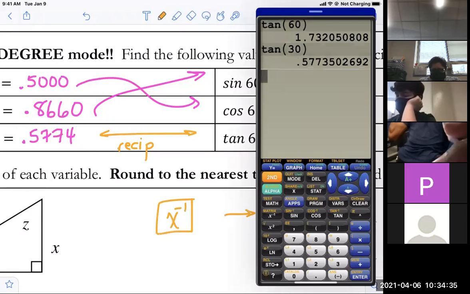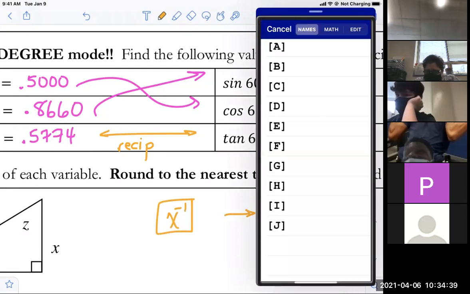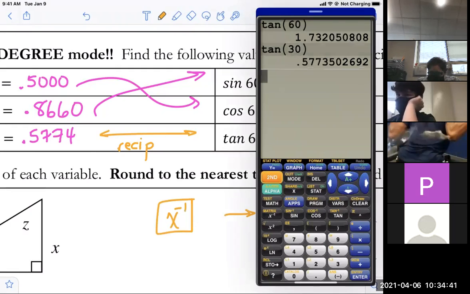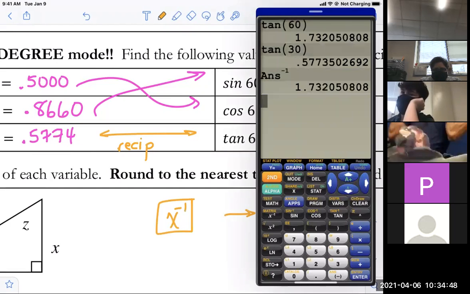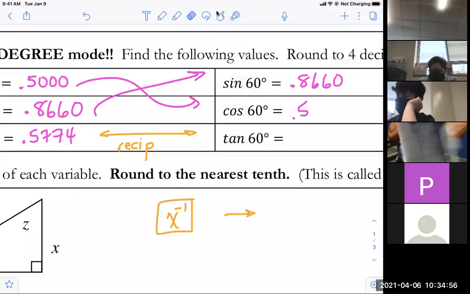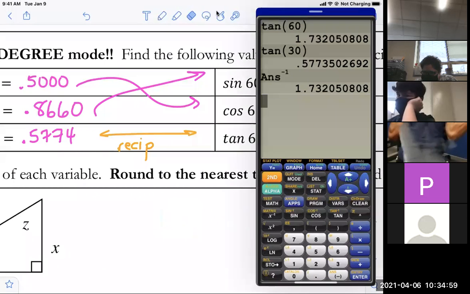So if I had the tangent of 30 in already, and I took the reciprocal of that, it'll also give you the right tangent value. Okay, 1.7321, 4 decimal places.